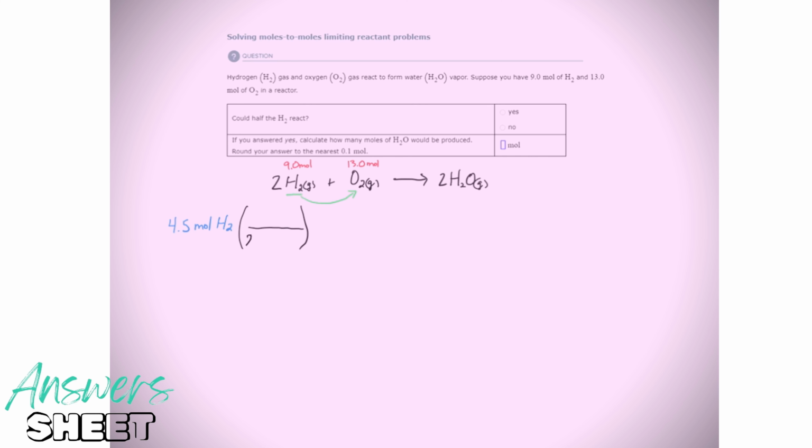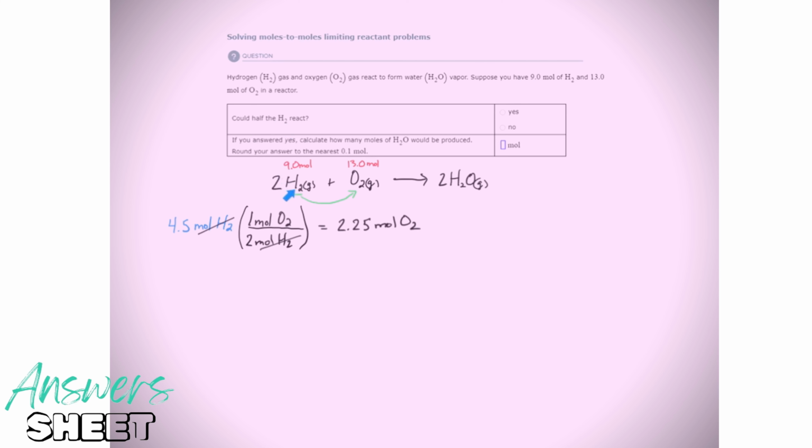So 2 moles of H2, as we see here in the balanced equation, react with 1 mole of O2. Moles of H2 is gone. Now, I end up with 2.25 moles of O2.